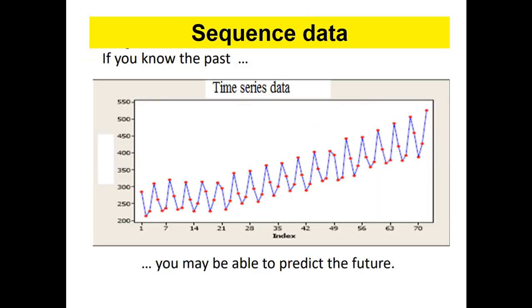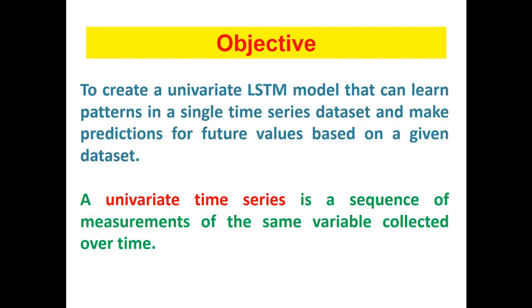Sequence data means, as I already discussed with you, timestamp data which looks like that. Let's say data which is time sequenced and you would like to predict the future.